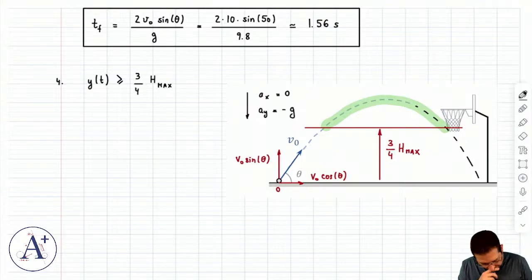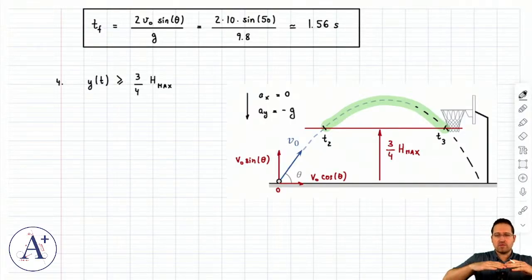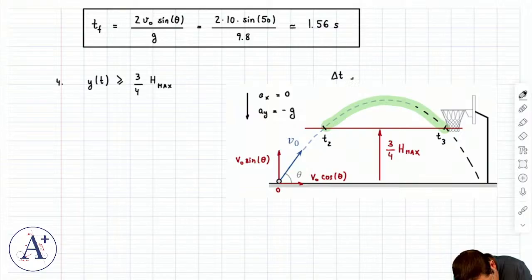Instead, let's just say, okay, well, how about we call this, I don't know, T2, because we haven't used that yet. And maybe this is T3, right? So that at time T2 and at time T3, he's exactly at 3/4 of the max height. Okay, well, the amount of time that I'm looking for, my delta T, is just going to be T3 minus T2.